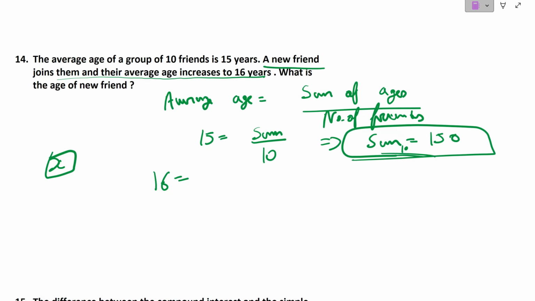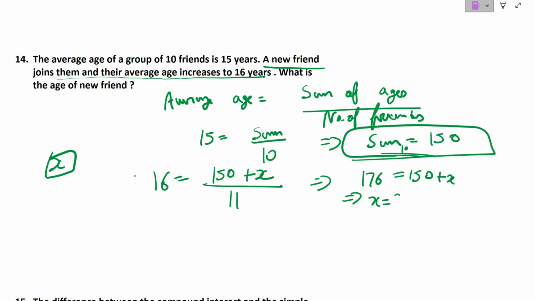The original sum was 150 and a new friend joins them. So 150 plus X upon how many total friends now? 11. So 176 equals 150 plus X. It means X is equal to 26. So 26 is the answer. 26 is the age of the new friend.